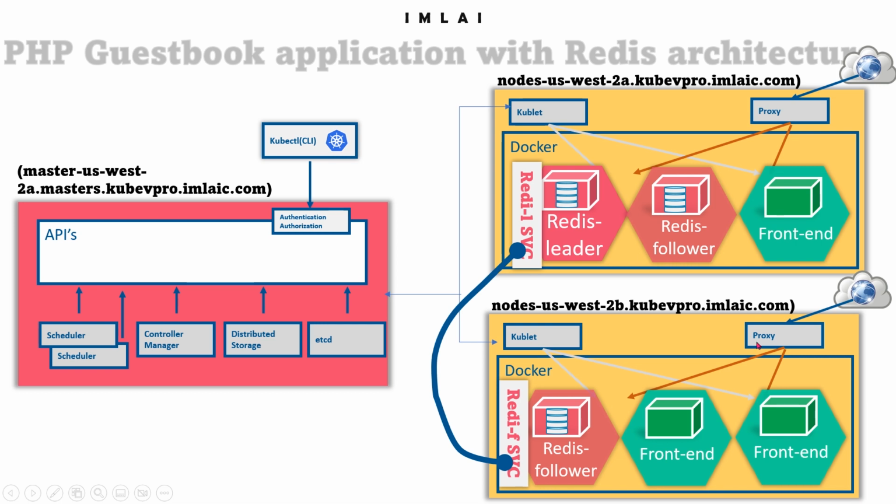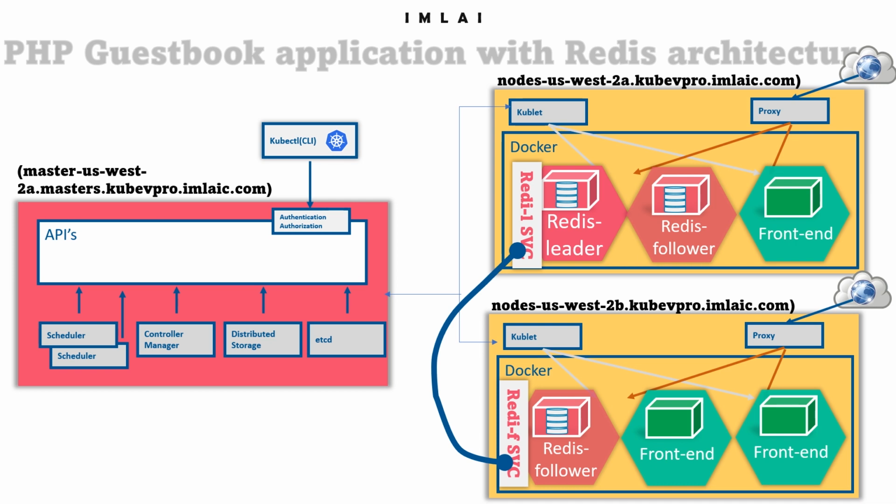Like the redis followers, the front end is deployed using a Kubernetes deployment, because when you use a deployment you can also bring up other objects like pod and replica set. The guestbook app uses a PHP front end. It is configured to communicate with either the redis follower or leader services, depending on whether the request is a read or a write.